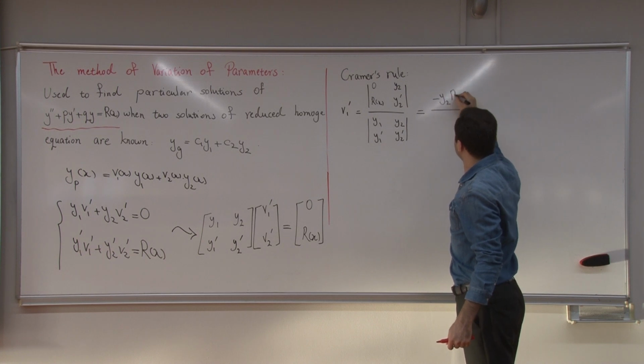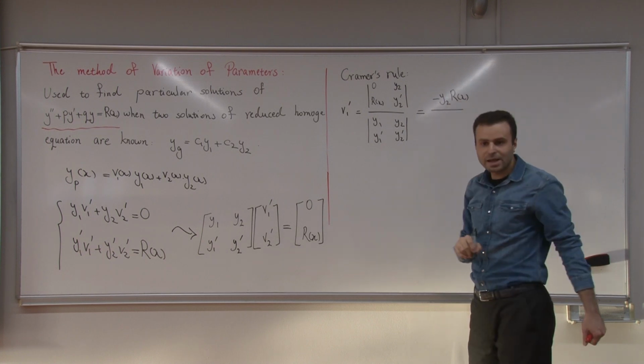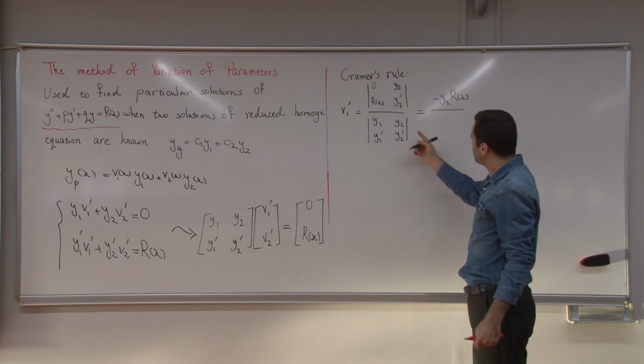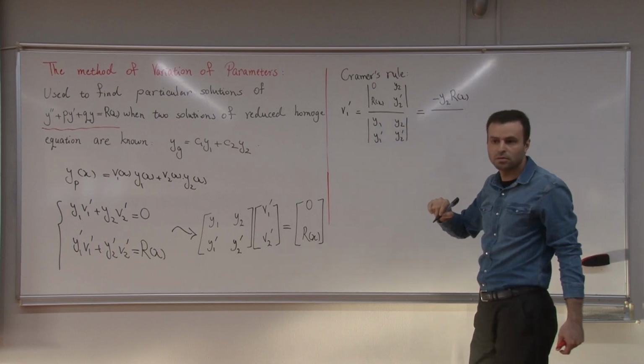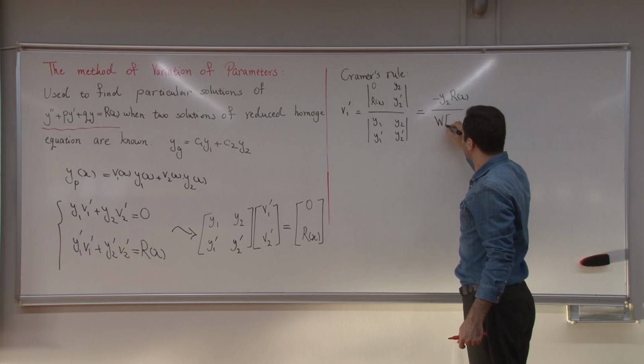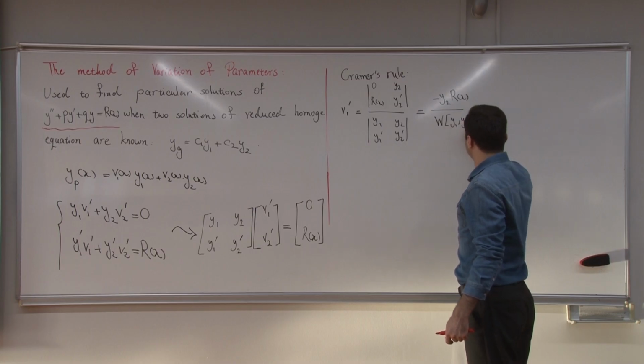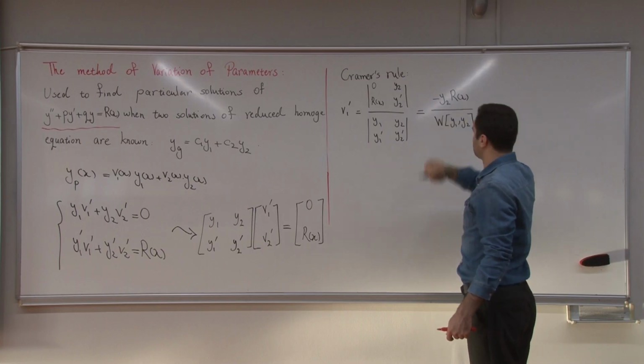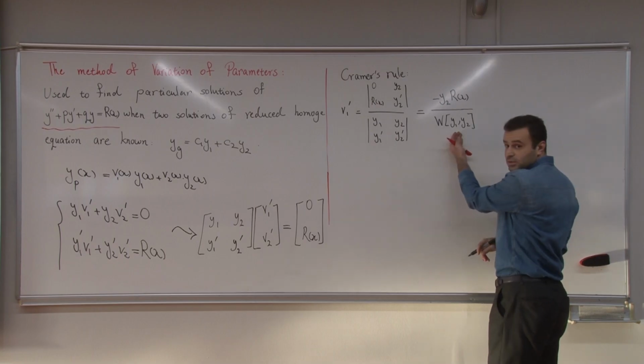Minus y2 rx, exactly. And what is this? y2 prime y1 minus y1 prime. Can I write this as Wronskian of y1 and y2 or not? Is this equal to 0 or not?